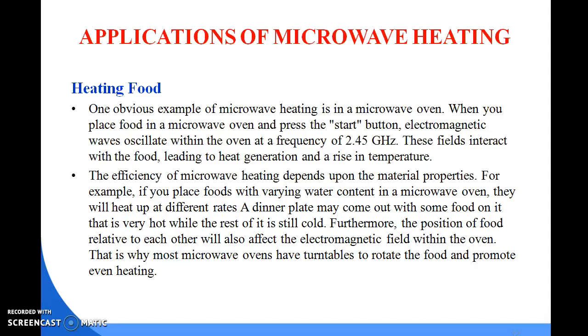Furthermore, the position of the food relative to each other also affects the electromagnetic field within the oven. That's why most microwave ovens have a turntable to rotate the food and promote even heating. That is the main part.